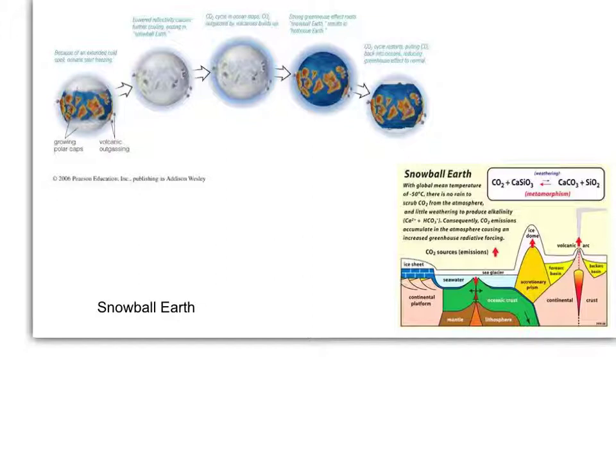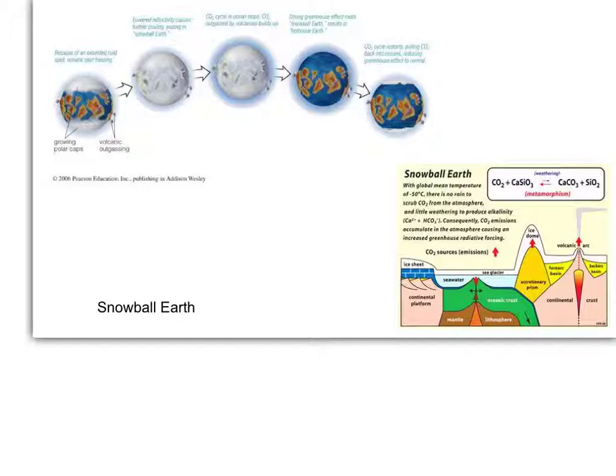Okay, so I want to briefly touch on just a few examples of positive and negative feedback effects that have influenced temperatures of the terrestrial planets in our solar system beyond this basic carbonate-silicate cycle.